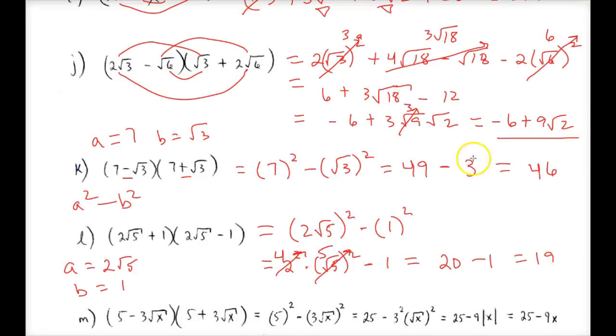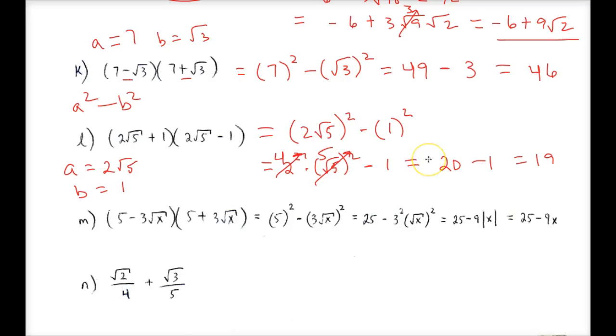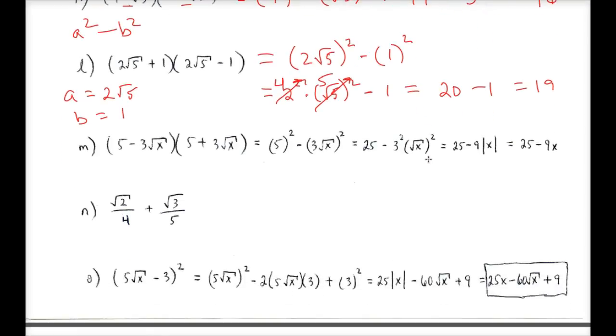Okay. And so now moving on to example M, we see that when we multiply these together, of course, these are conjugates of one another. So we just say 5 squared minus 3 square root of x squared.